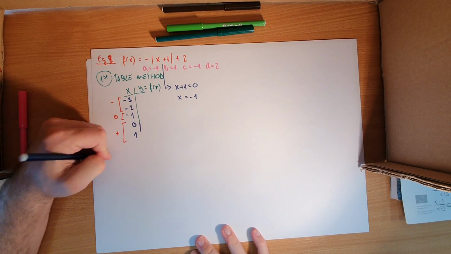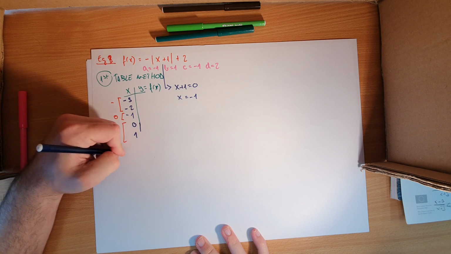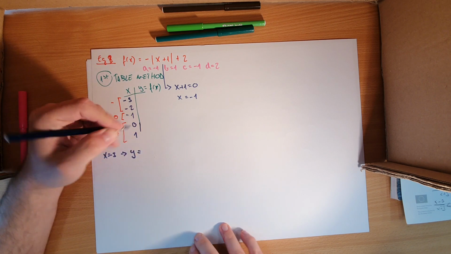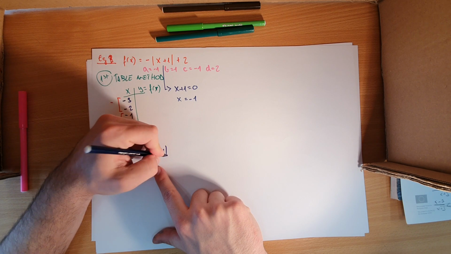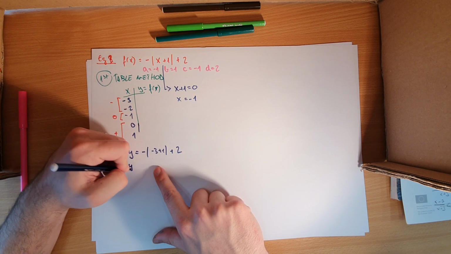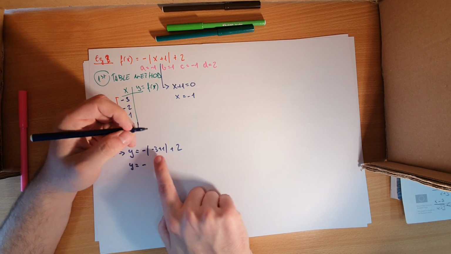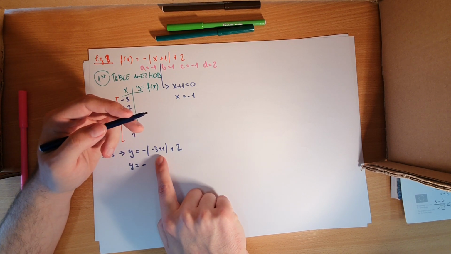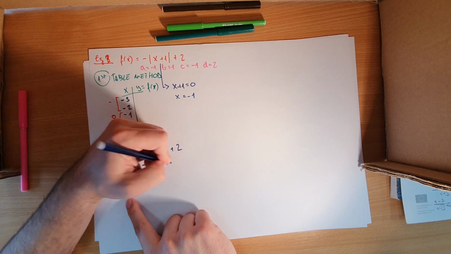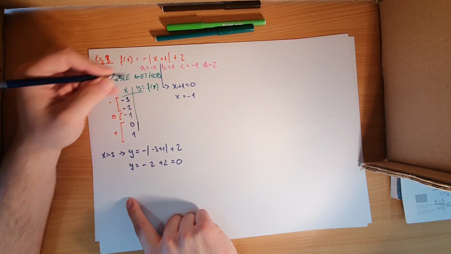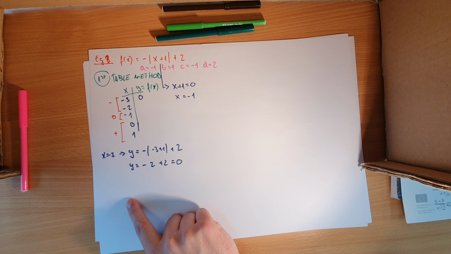So for x equal to minus 3, I have to write it down. The y is going to be minus the absolute value of minus 3 plus 1, plus 2. Minus 3 plus 1 is minus 2, which is then 2 plus 2, and it is equal to 0. So the result is 0 altogether.